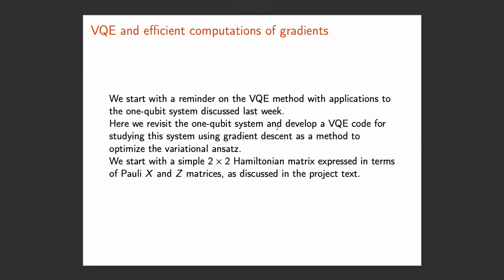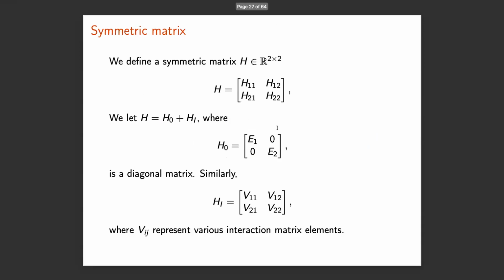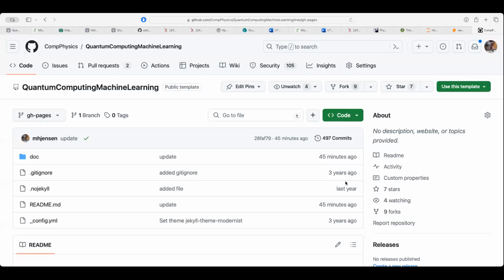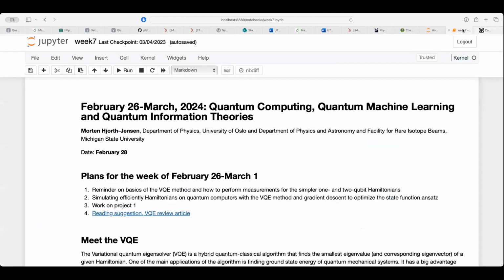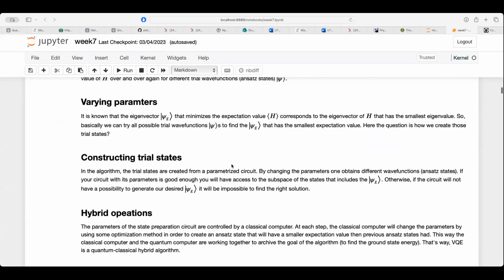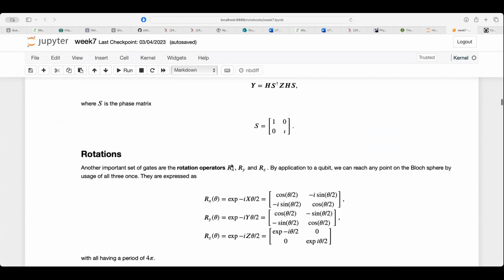There's one thing I wanted to say a little bit about, and this is the simple example which we've been having. So let me just bring back the Jupyter notebook because now I want to use that one. I will be switching a little bit between the Jupyter notebook and the slides. So let's just scroll down a little bit.